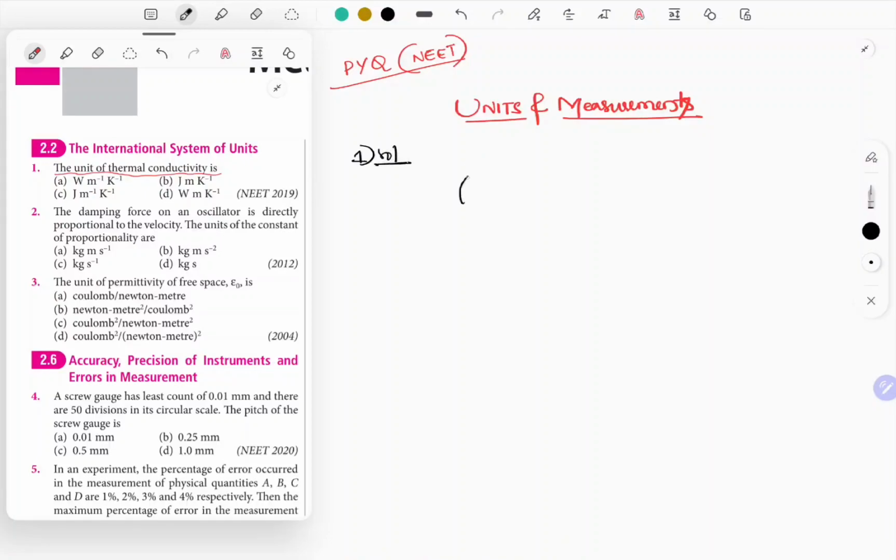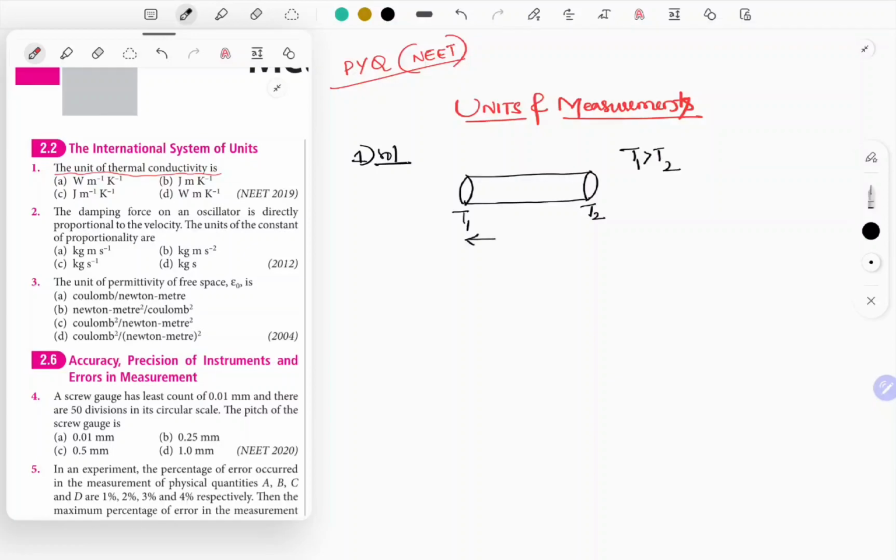Whenever a conductor is there and it has different temperatures, let's say the temperature at the left end is T1 and the temperature at the right end is T2. The amount of heat is transferred due to the difference in temperature. Here I am taking the example T1 greater than T2.